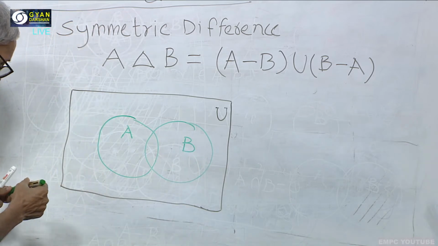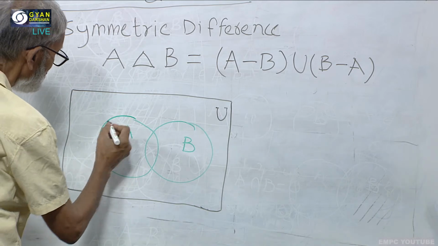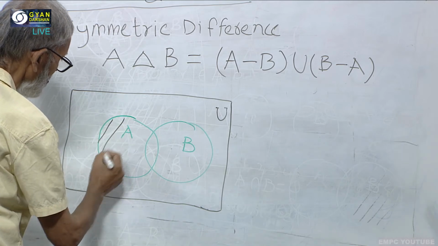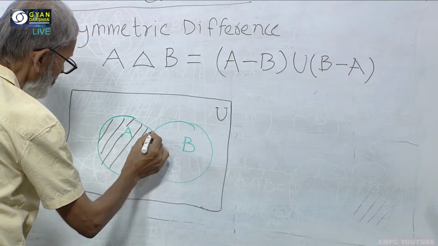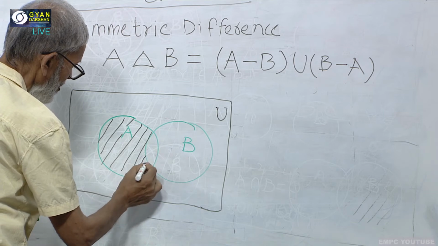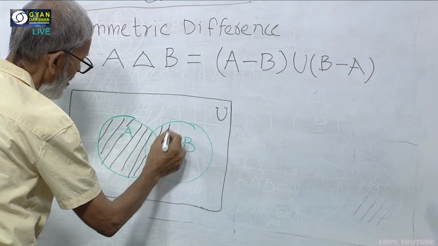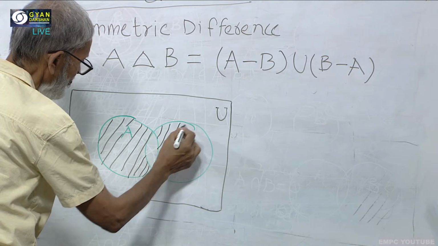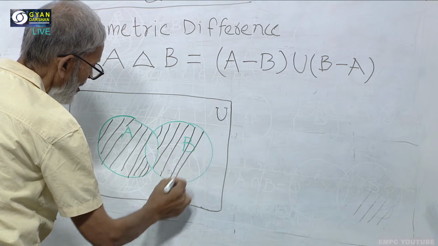A minus B will be this region and B minus A will be this shaded region.